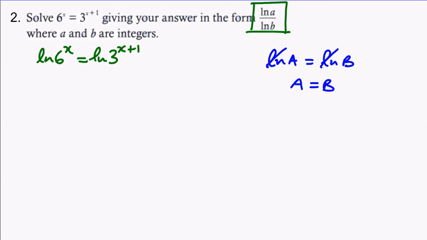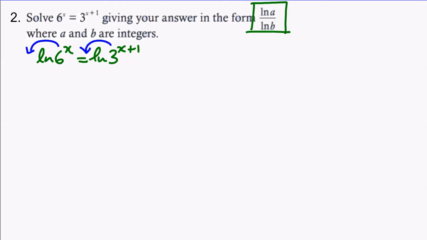So I'm doing basically the opposite. I'm not canceling, but I'm introducing the logs. You can review your laws of logarithms if you've forgotten that, but I had included that as one of the laws.